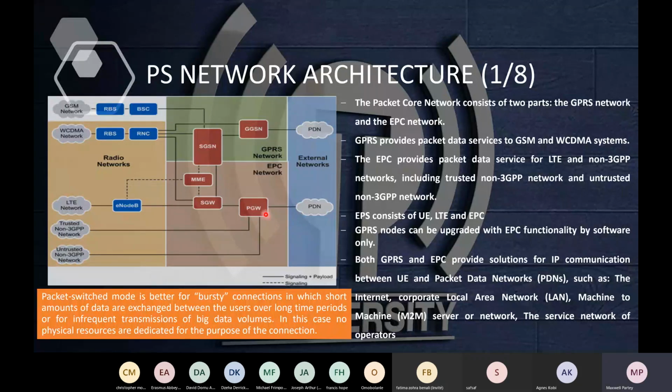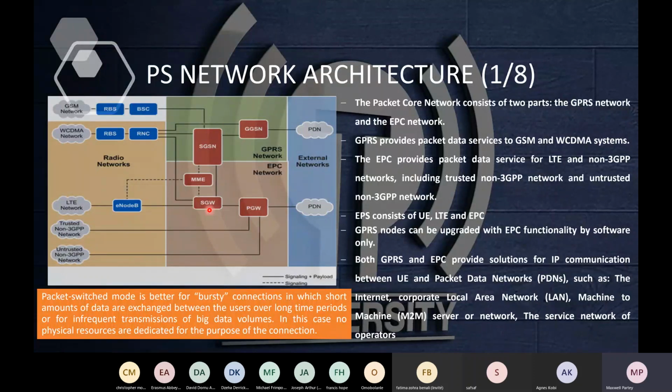One is handling packets towards the PDN, that is the external network. The other is handling packets towards the user or the access network. So these two nodes have been put together as one special node.